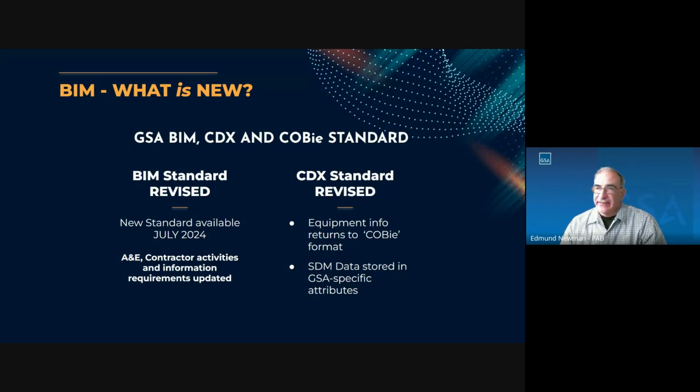We're returning the equipment information to the standard COBie format, which will make life easier for your AEs and their engineering staff, because they won't have to double enter information. And the SDM data in the model, which is the measurement of areas and spaces, will still be stored in GSA-specific attributes because that was never part of the COBie standard.